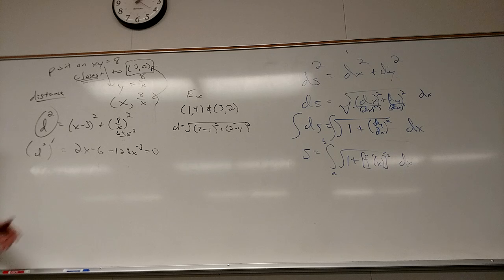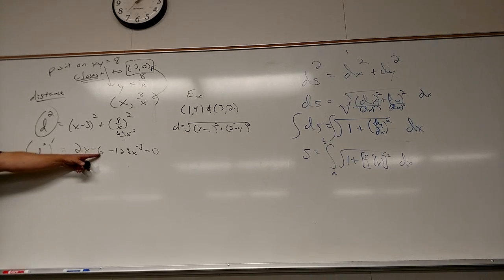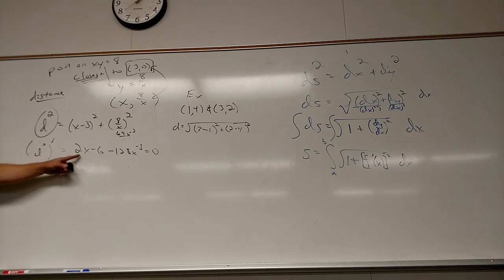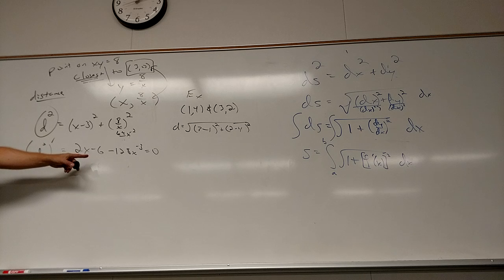And then how do I solve that? Take out a 2x to the negative 3. This is 2x minus 6 if you don't have x to the negative 3 though.